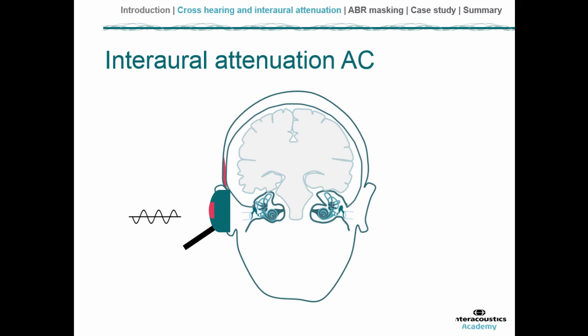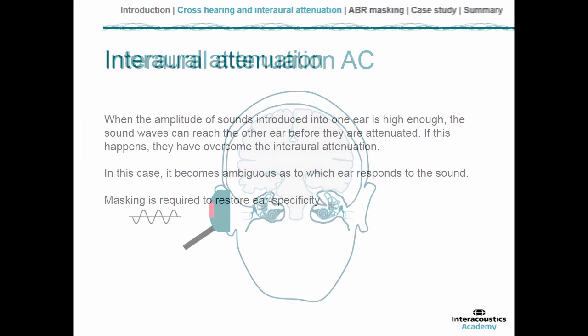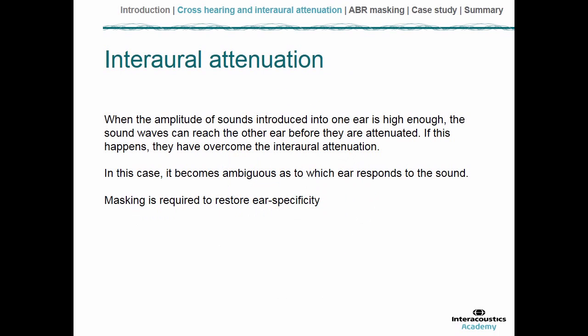And naturally, the interaural attenuation of a supraaural headphone is slightly lower than that of an insert headphone, and that's because the surface area in contact with the head is slightly higher with a supraaural headphone than it is with an insert. So that's in a nutshell the concept of interaural attenuation.